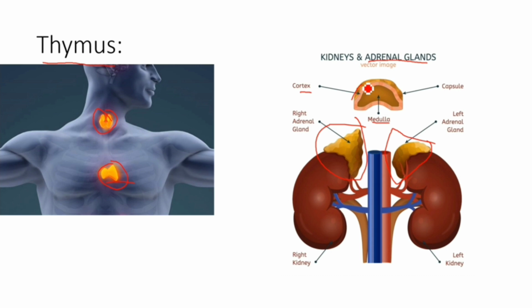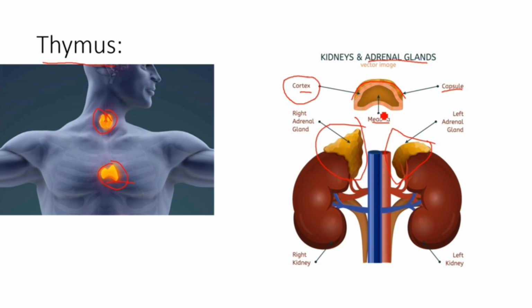The adrenal gland is covered outermostly by the capsule, and the cortex region of the adrenal gland secretes different hormones like cortisol, aldosterone, and glucocorticoid hormone. Cortisol hormone is for stress, aldosterone for sodium reabsorption, and glucocorticoid for carbohydrate, protein, and fat metabolism.